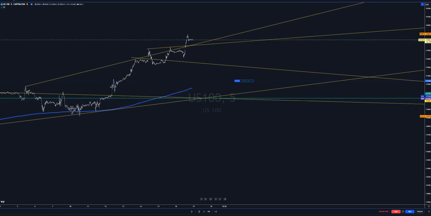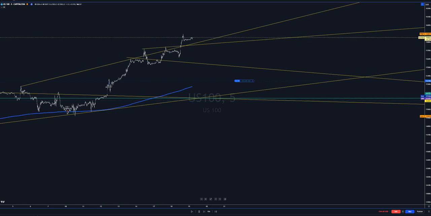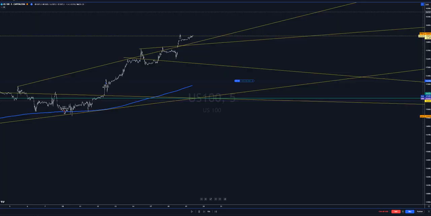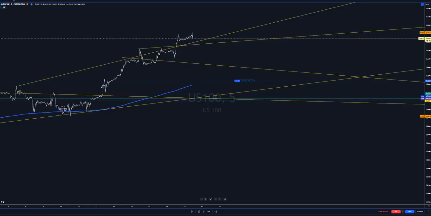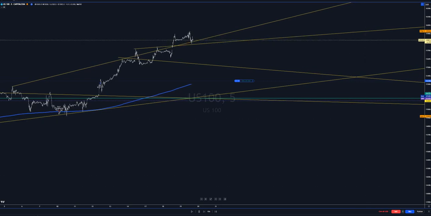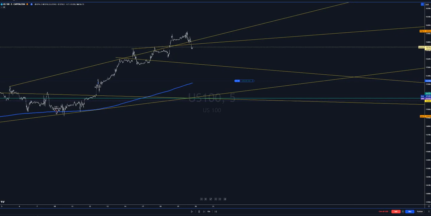The moves are slower. We wait now if the market will touch the trend line. This one. It touched, going down, coming above, but coming back again in the channel, as you can see.